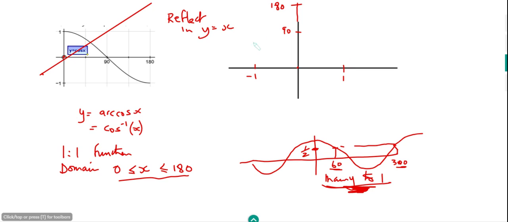So that's what the axes now look like, and if we reflect, we end up starting off at this point. This point here reflects to there. This point 90 reflects to there, and so we end up with this shape. So that's our inverse function, where y is equal to cos minus 1 of x.